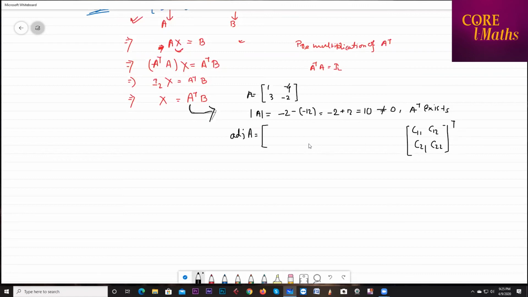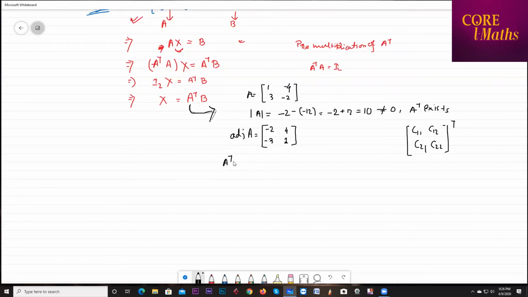I'm writing it directly. What will be your adjoint value? I'm using the shortcut rule: minus 2, and this one will be your 1, interchanging the place of the diagonal elements, and just interchange the sign, not the place, for the others. This will be your adjoint.